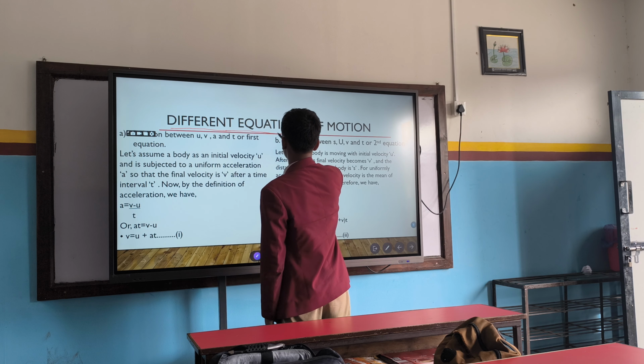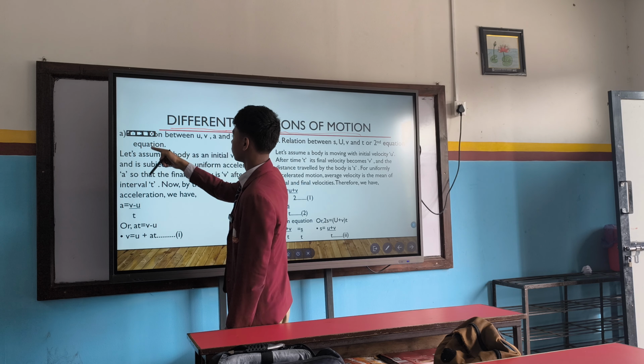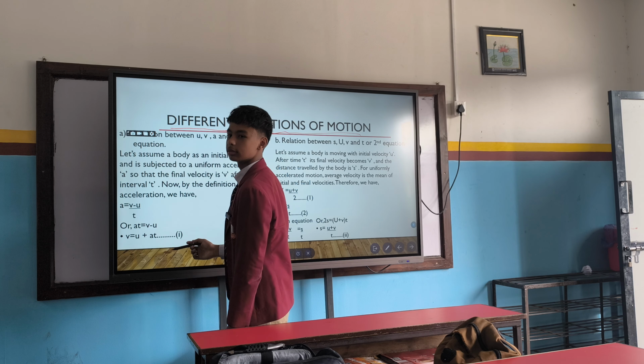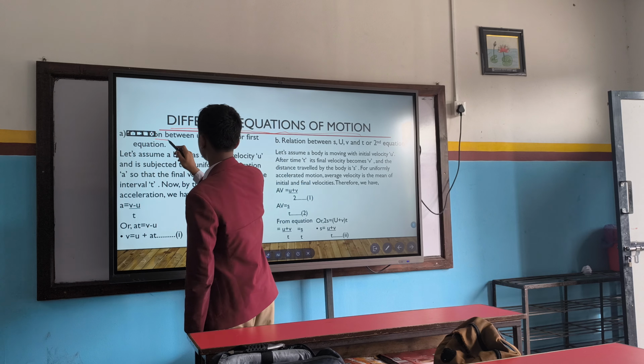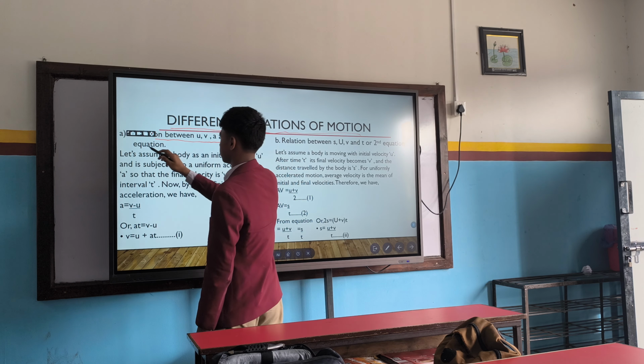Different equations of the motion. So, relation between u, v, a and t, or first equation.